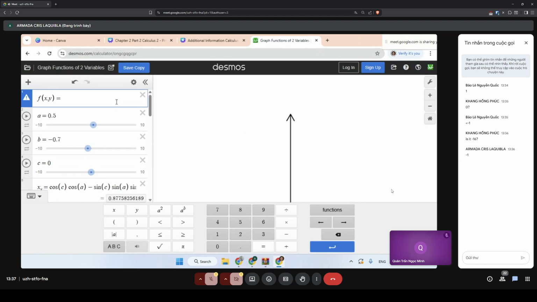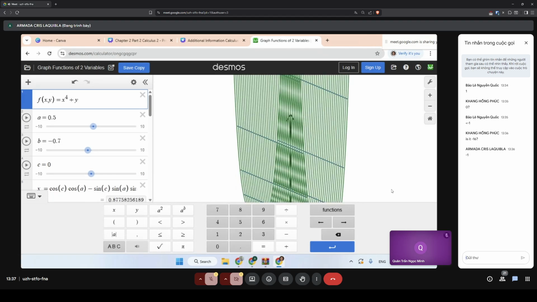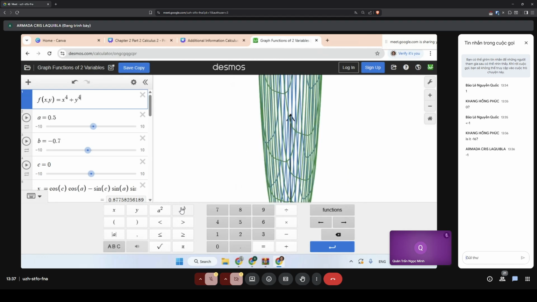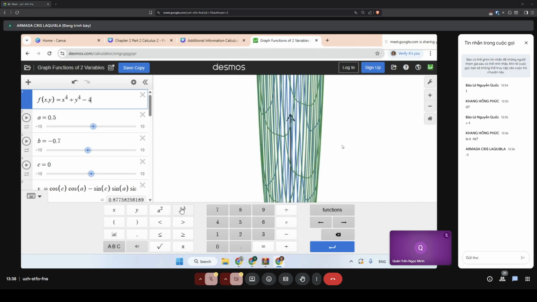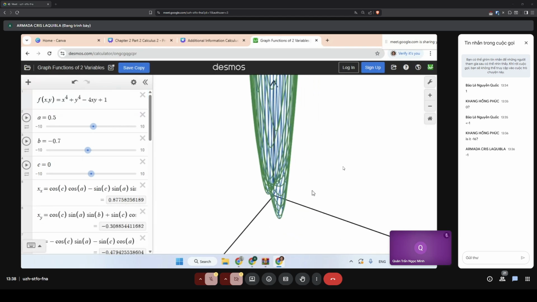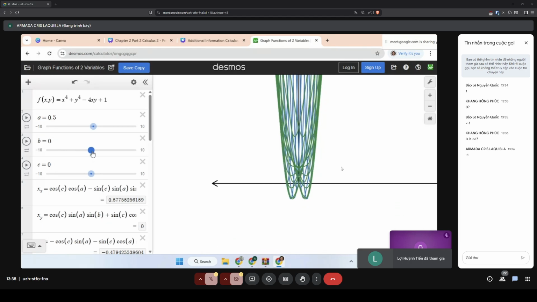F of xy is equal to x to the fourth plus y to the power of 4, and then after that, we have minus 4xy plus 1. And that's it. This is now the graph. We just have to rotate it.